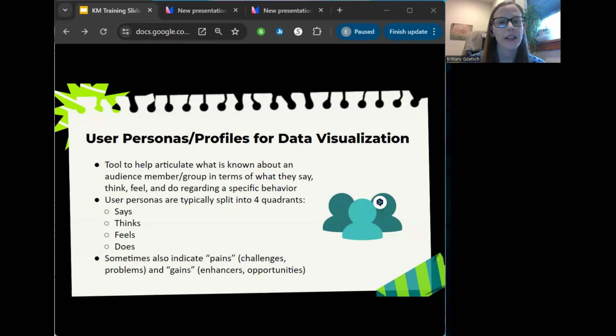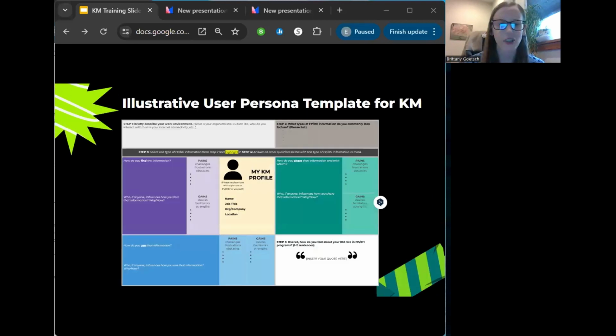All right. So this is the illustrative user persona template for knowledge management. And this user persona template is not filled out, obviously. So this is what we've organized into, this quadrant, right? So it starts with step 1, briefly describing your work environment, and it asks a few prompt questions.